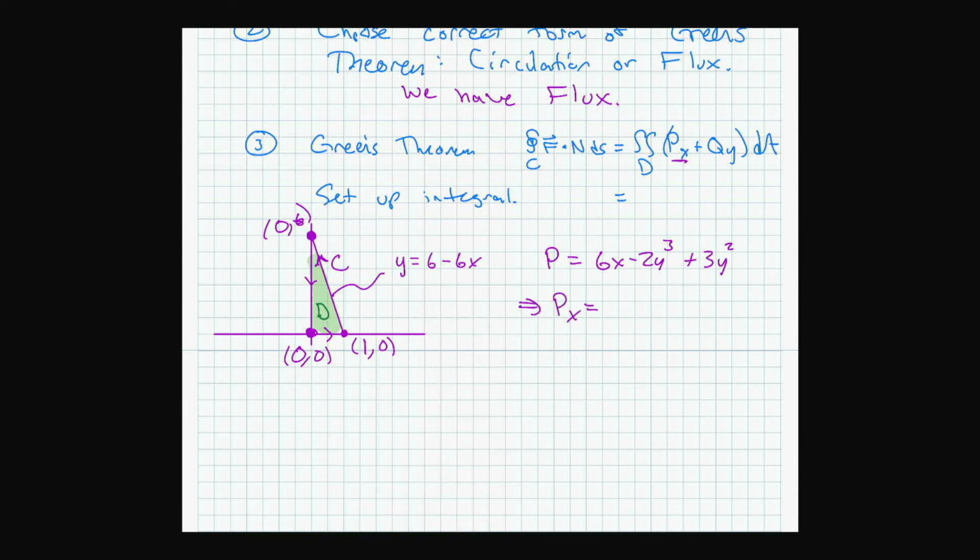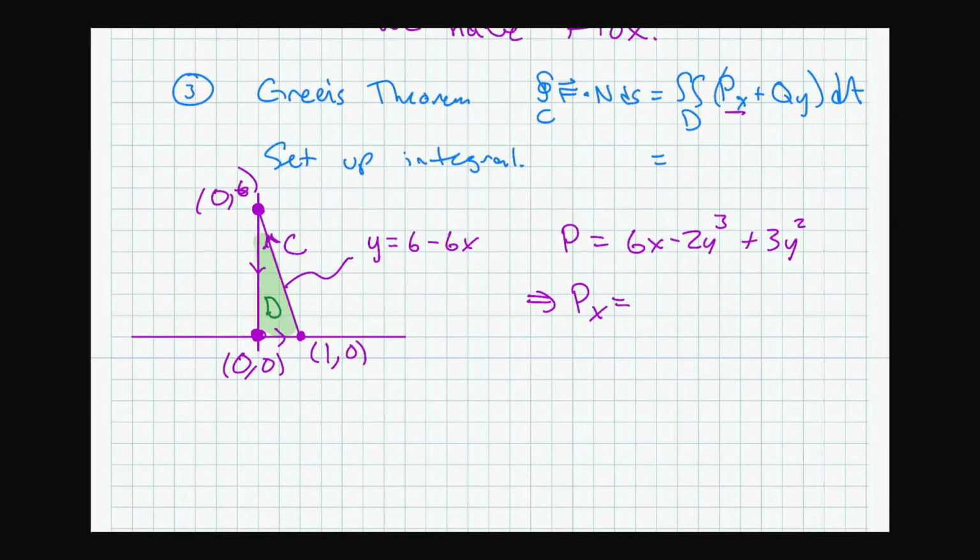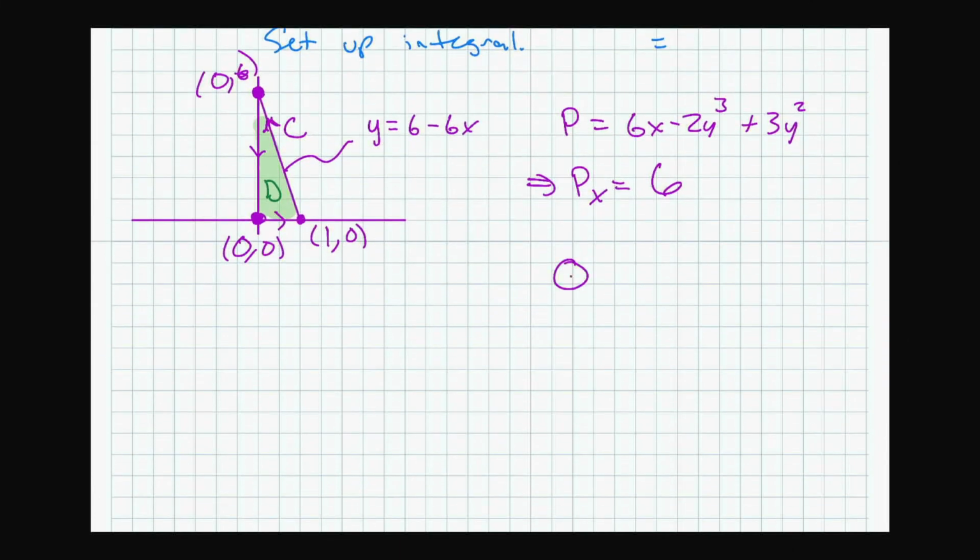So Px is just the partial with respect to x, which is 6. Notice that they kind of rigged it so that it looks complicated, but when you actually do the partial derivatives, it becomes simpler. The Q is 8x cubed minus 6x squared minus 3y squared minus 5y minus 4. And we need Qy.